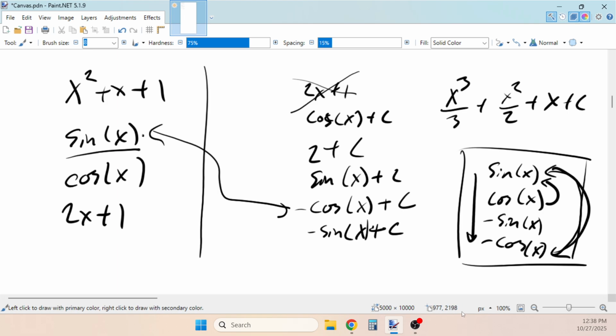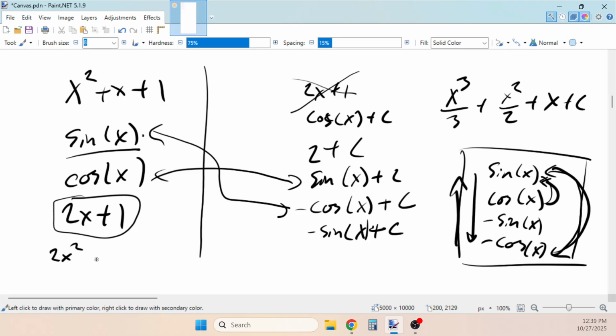This way is derivatives, this way is antiderivatives. For the power rule for antiderivative integrals, add one to the power and we divide by the new power. So we got that.